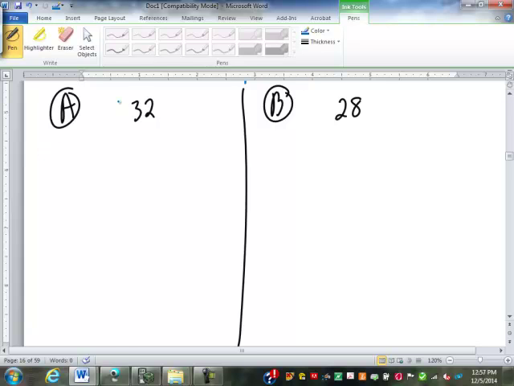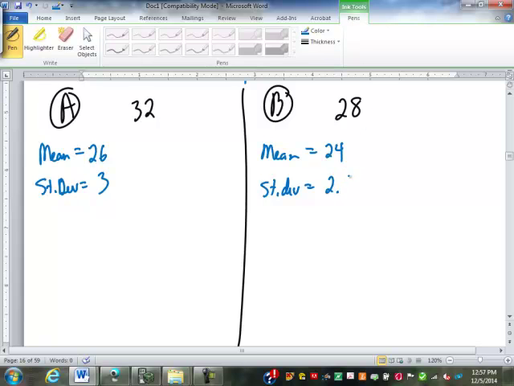So we have to, again, compare them to the people that are in the same conditions. Let's say that all the people in the same area as person A have a mean of 26 and a standard deviation of 3. And the people over here for B have a mean of 24 and a standard deviation of 2.5.